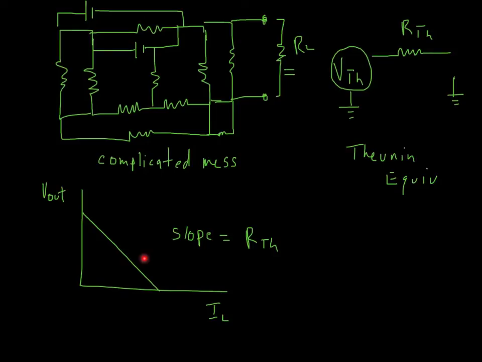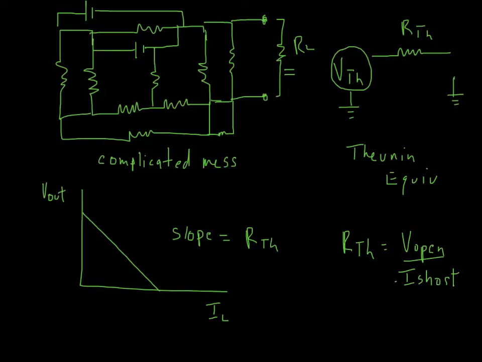Now there's a quick and dirty way to do it. You could actually just get it from 2 points if you remember, but this is not a great thing to do in a real life circuit. So remember that our Thevenin, we had it called RS before, is going to be V open over I short, rather negative.